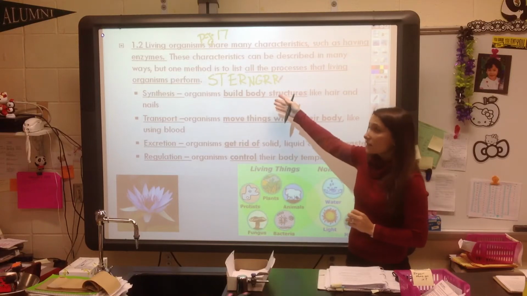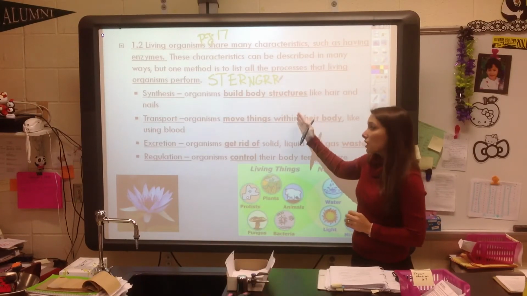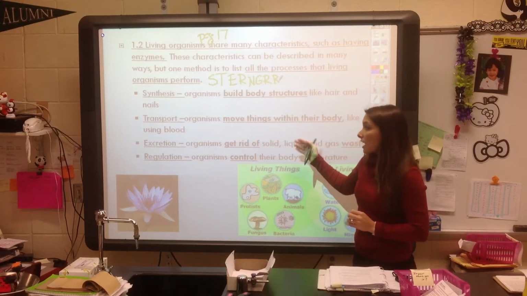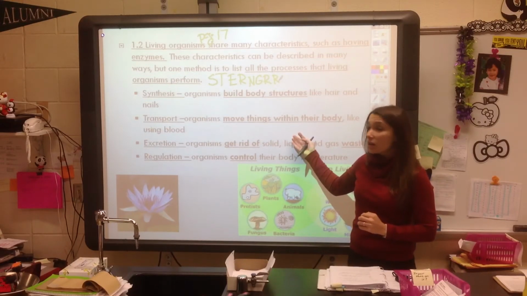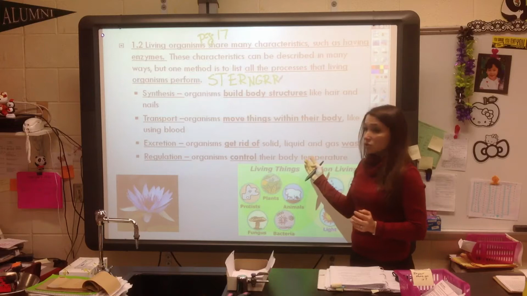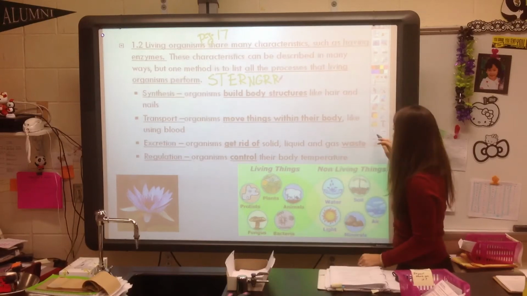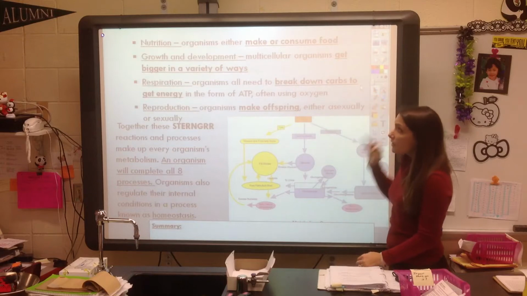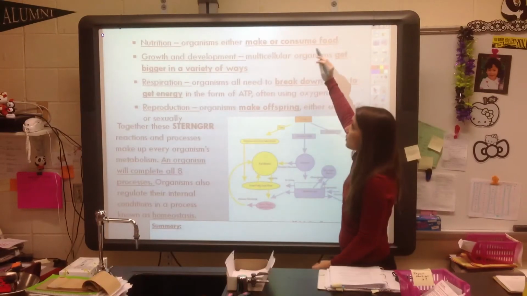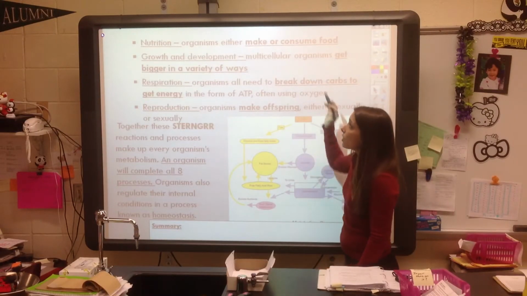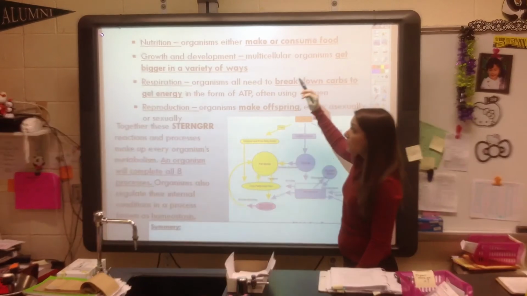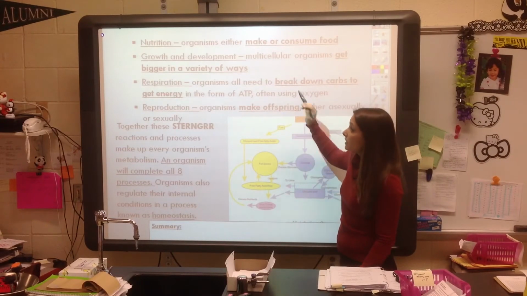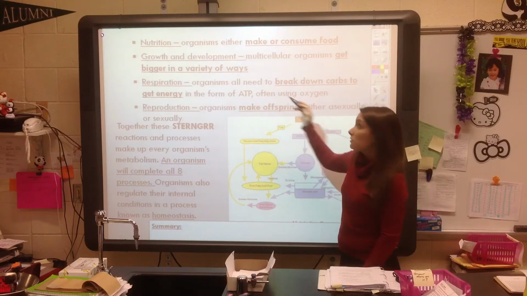You have to synthesize or build something, transport or move something, excrete, which means to get rid of things, regulate, which means to control their body. And so the other 4 is nutrition, either making or consuming food, growth and development, getting bigger in a variety of ways, respiration, we're going to be really careful.